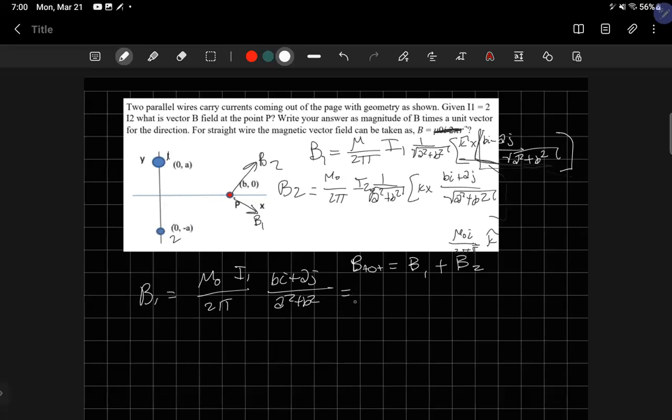So we're going to get mu naught 2 I2 over 2 pi, B i plus A j over A squared plus B squared.